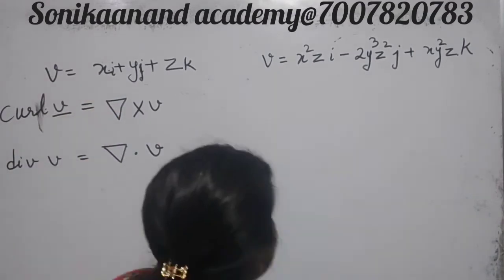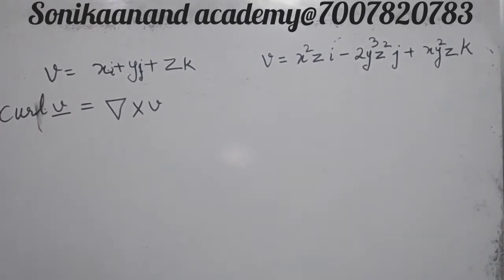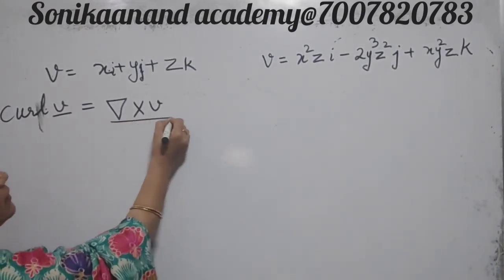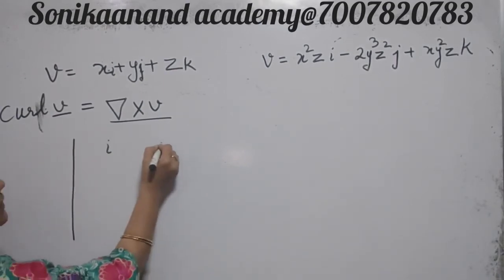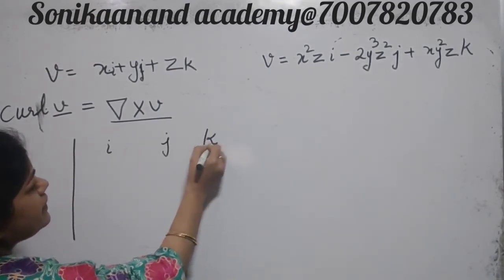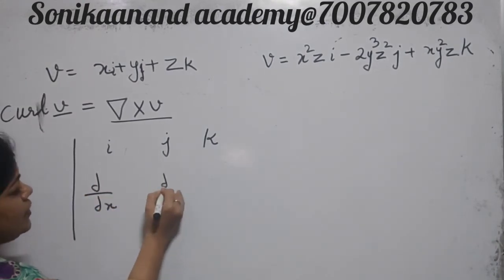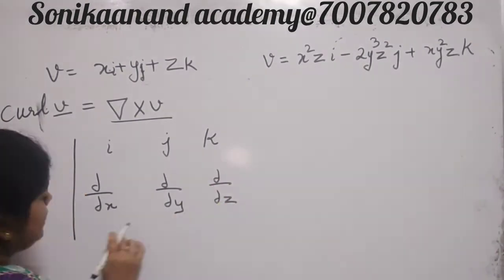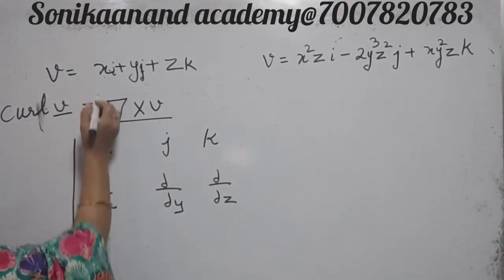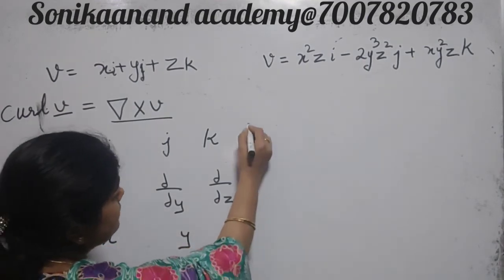Just watch over here. Now I am going to tell you how to find the curl. For the curl we have to find the vector product. So we write in this form i, j and k. In the second one we write d over dx, d over dy, then d over dz. In the last one we write over here, it is x, it is y and it is z.